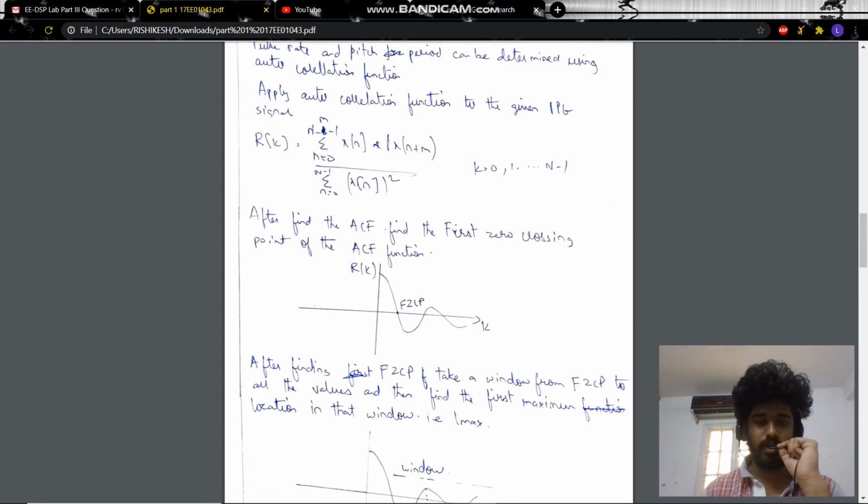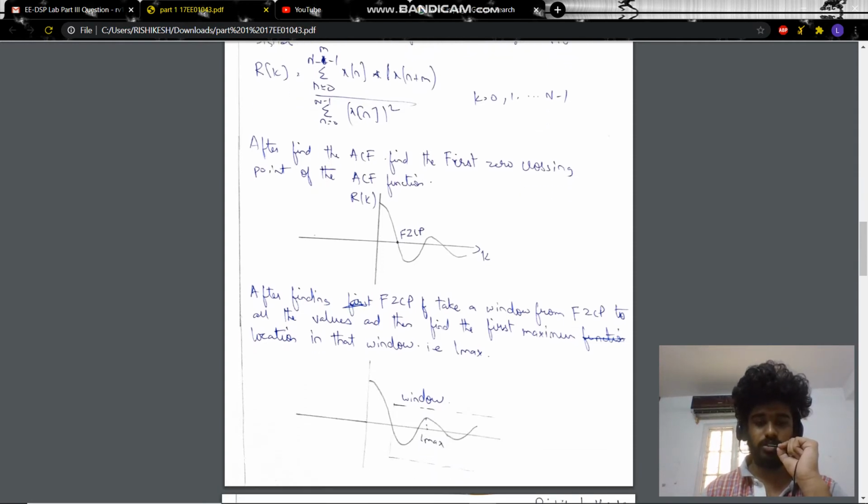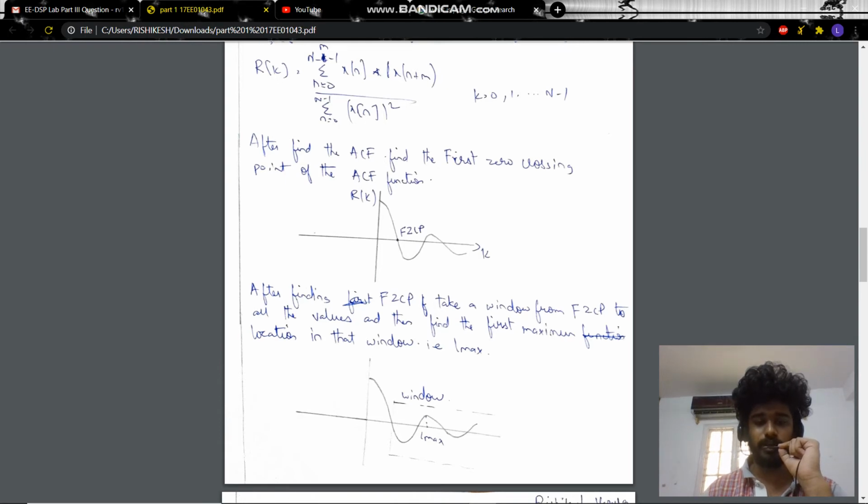Then we find the point where the autocorrelation function cuts the x-axis. That point is known as the first zero crossing point. Then we take a window from the first zero crossing point to all the other values, and find the first maximum in that window. The location of the first maximum in that window is L max.